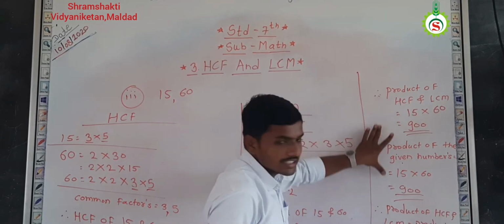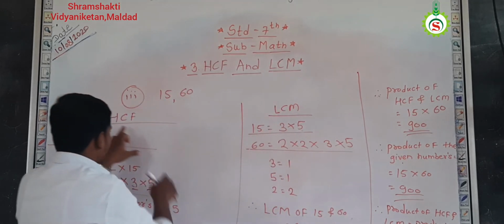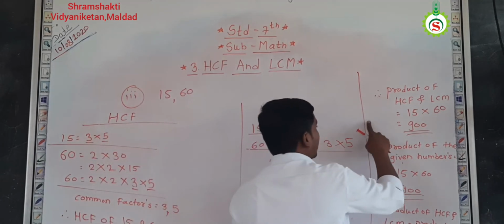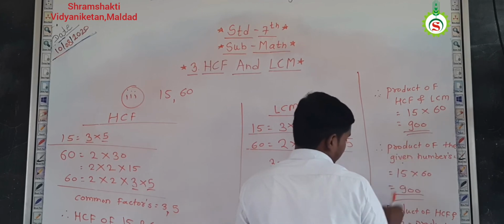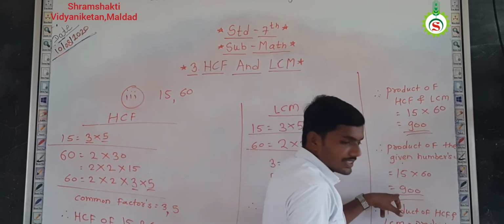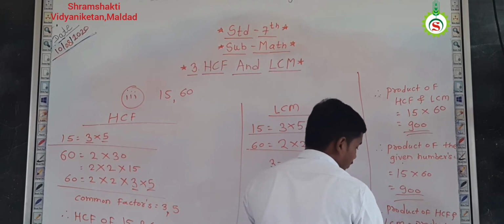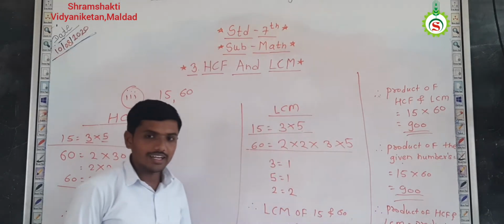Now that is the second stage of our problem. The first stage is finding the HCF and LCM, and the next stage is verifying the product of HCF and LCM is equal to the product of the given numbers. Both the answers are the same. That means we have verified.